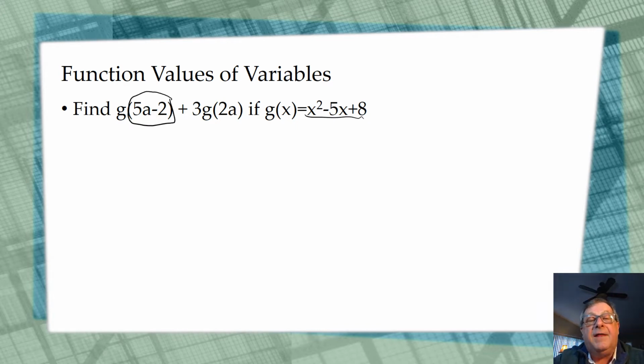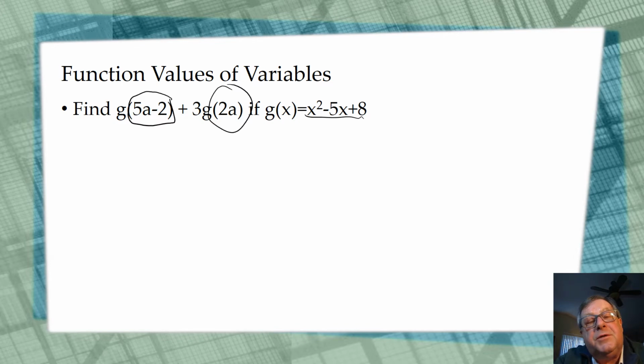And then we're going to add that to 3 times g when g is equal to 2a. In other words, we're going to substitute in 2a into that same function equation, x squared minus 5x plus 8. And this will be a challenge doing the slide because the problem's a little bit longer. But let's see if we can give it a go.